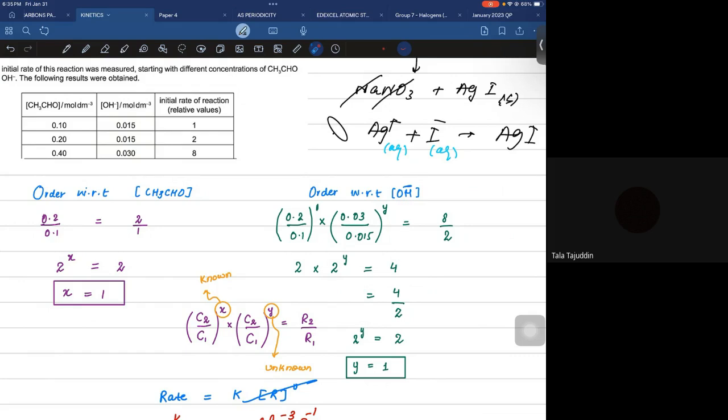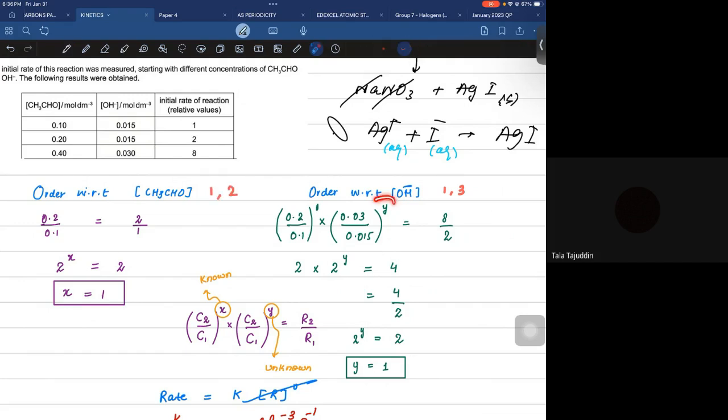And I know the order of reaction with respect to CH3CHO, that is 0.4 and 0.1 concentration. Basically, I have taken experiment 1 and 3, and for this, I have taken experiment 1 and 2.